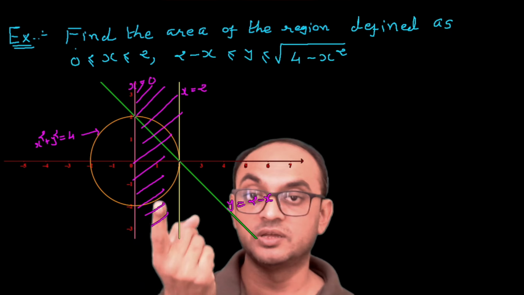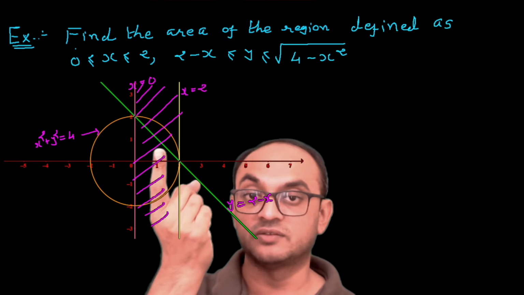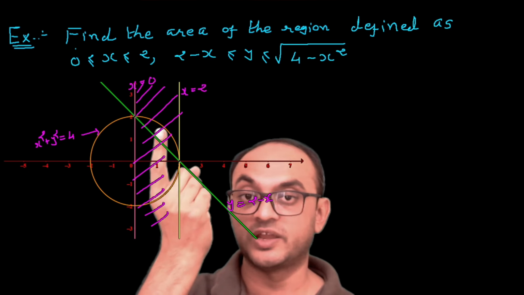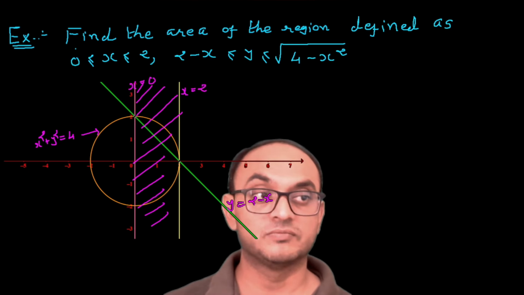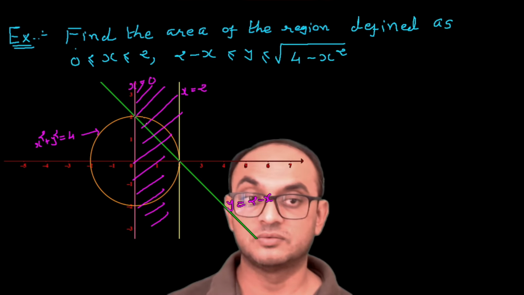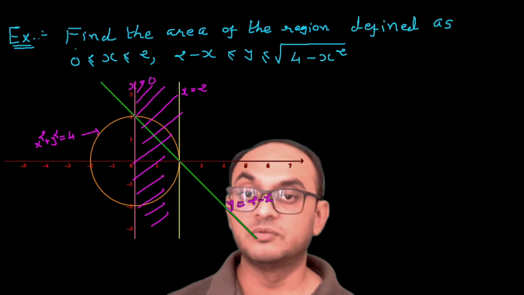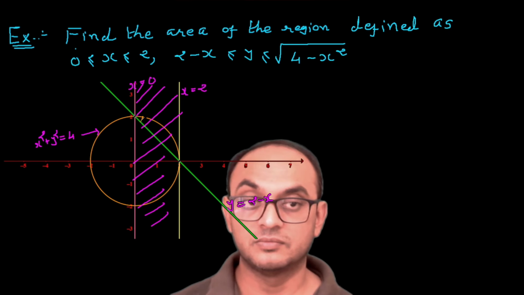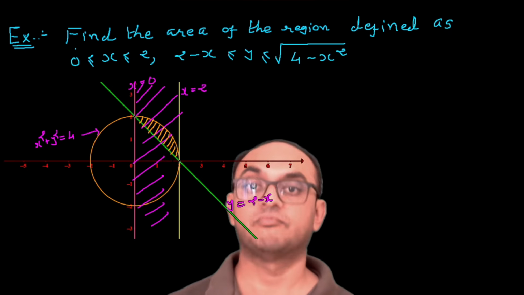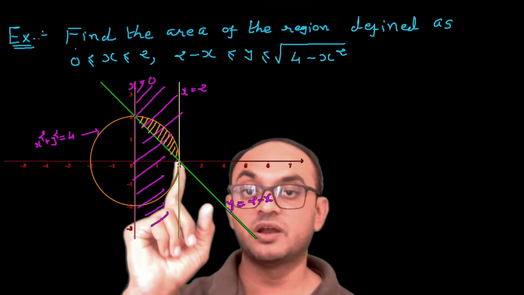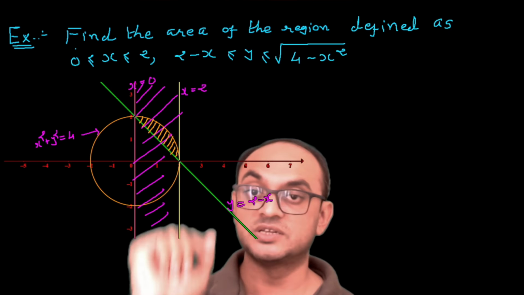So when you are moving from the line y equal to 2 minus x to this circle, my region is this portion. This is the region R. Now let us find out the area of this region.